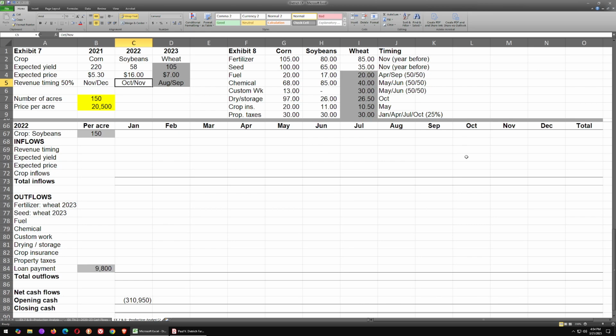So you need to put the 50% in October and November. You need to fertilize for wheat. These are the prices for wheat. And the rest of it is pretty much similar. So as long as you follow the process of what went on before, you should be able to fill out the numbers here. Okay, well, that is the Excel spreadsheet part.